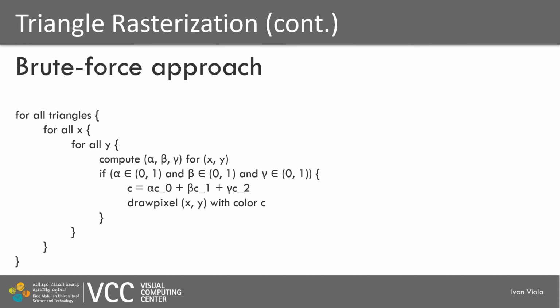And once this is true, then the color, for example, in this case, can be blended together with the corresponding weights from alpha, beta, and gamma related to the individual vertices 0, 1, and 2 for that particular triangle. Once this color is interpolated, then we are simply drawing that pixel at the position x, y with the interpolated color.